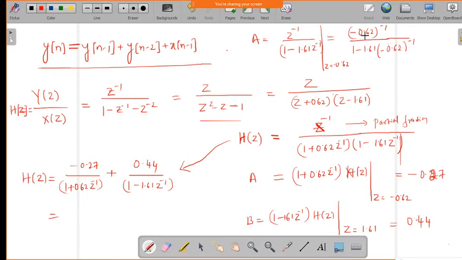So calculate that, what is 1 over 0.62, and put the value here, and this is 1 over 0.62 into 1.61. Whatever value we get, subtract from 1. Check it now. Is it becoming 0.27?